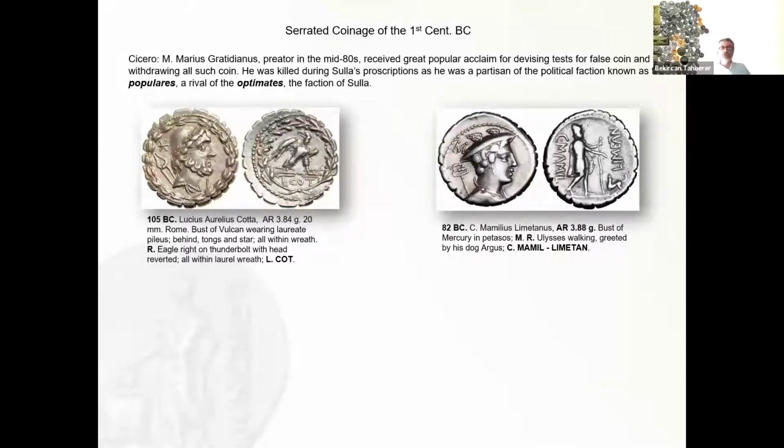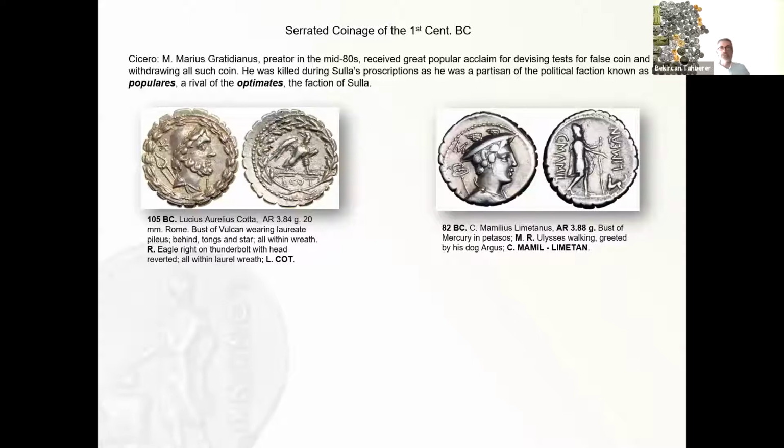And serrated coinage comes back in the 1st century BC. Cicero talks about his friend and cousin, Marius Gratidianus, praetor in the mid-80s.